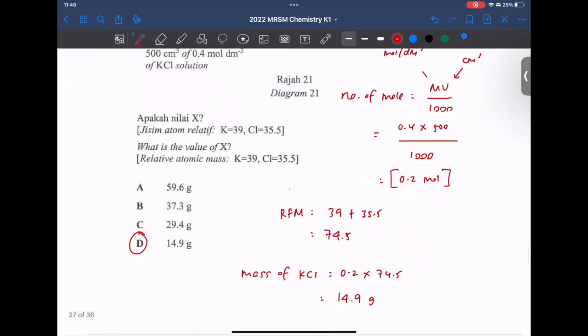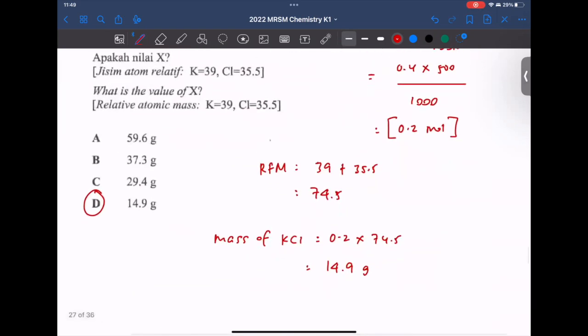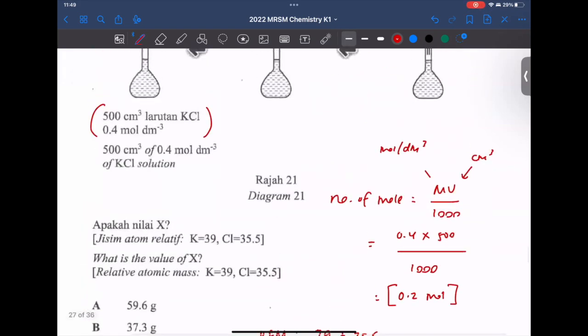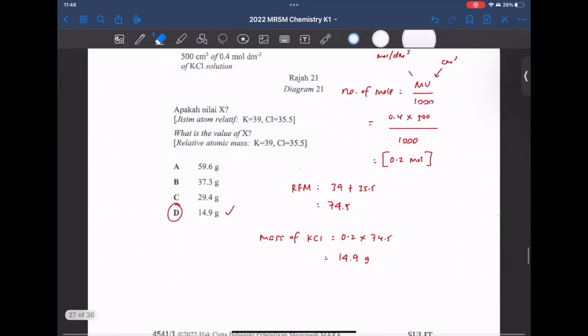So we use number of moles multiplied by the RFM or RMM to get the desired mass of the substance. We calculated the RFM to be 74.5. So your number of moles multiplied by 74.5, you get 14.9 grams. That's how we know we have to add 14.9 grams of potassium chloride to achieve this volume and concentration. So the answer is D.